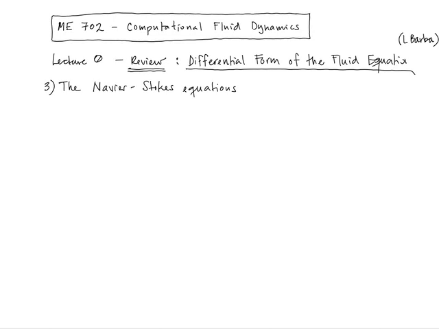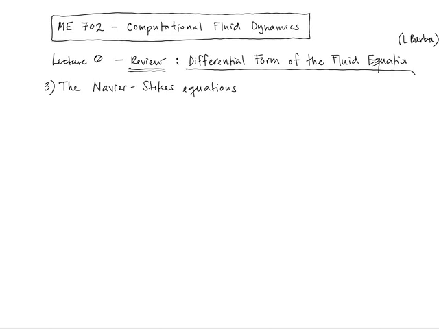And to do this, we need relationships between the stresses and velocities. Basically, what we need is constitutive relations, is what we call them. So we relate the stress with derivatives of velocity, and so these are called the stress deformation relationships.